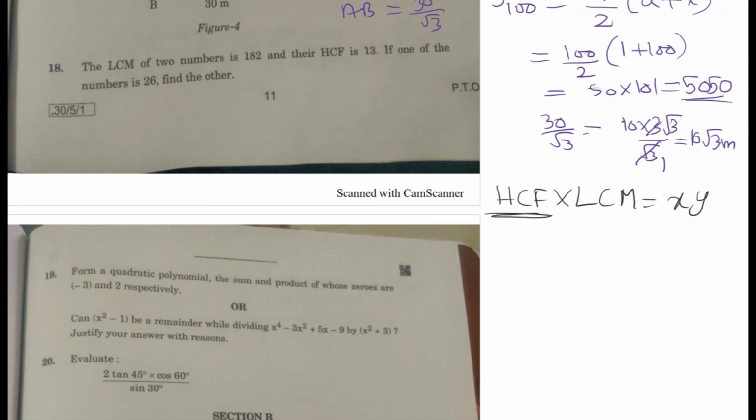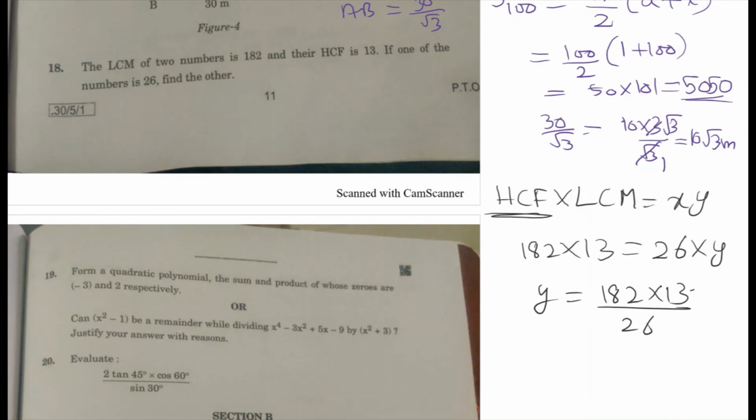Here LCM is given as 182 and HCF is given as 13, and one of the numbers is 26 and we need to find y, let us say. So y will be equal to 182 into 13 by 26. 13 twos are 26, 2 nines are 18, 2 ones. So 91 is the other number here.